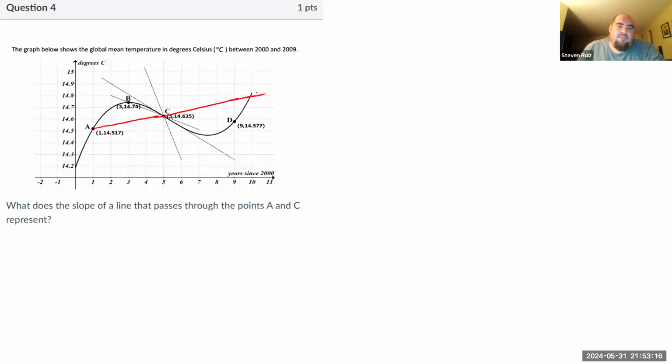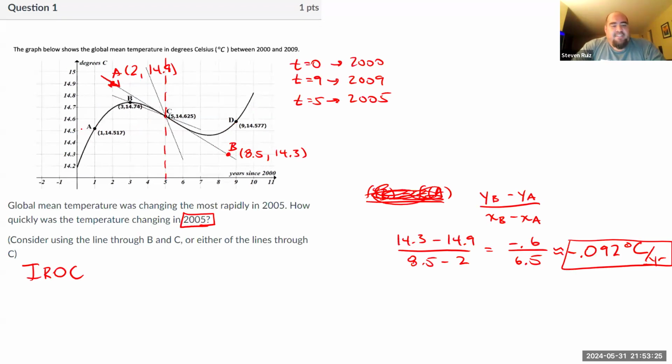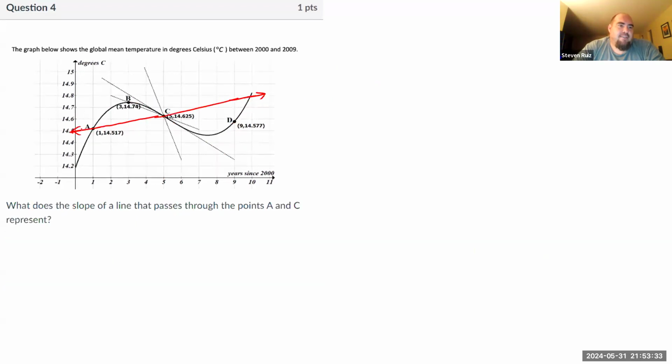So I want to highlight my answer to this question by talking about how we talked about part A. I said part A talked about an instantaneous rate of change because it asked what was happening at a single point in time in a single year. So contrast that with what's happening here.